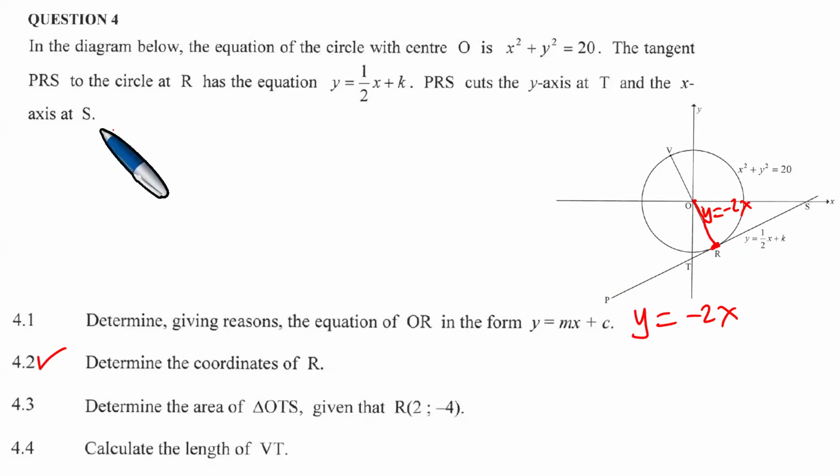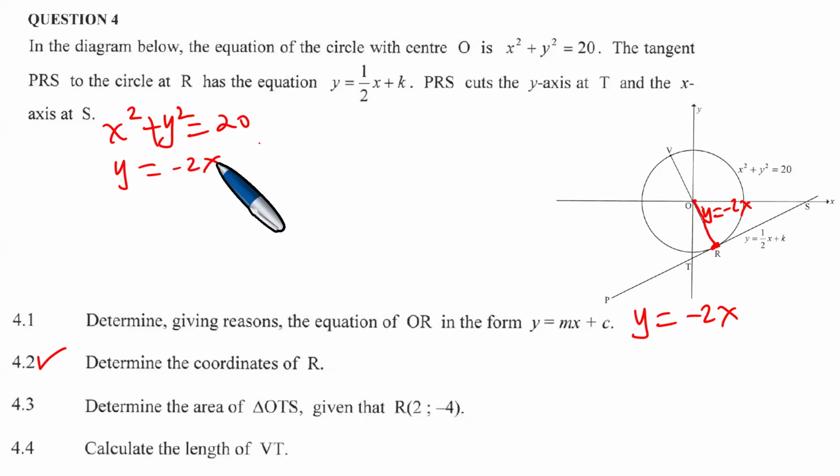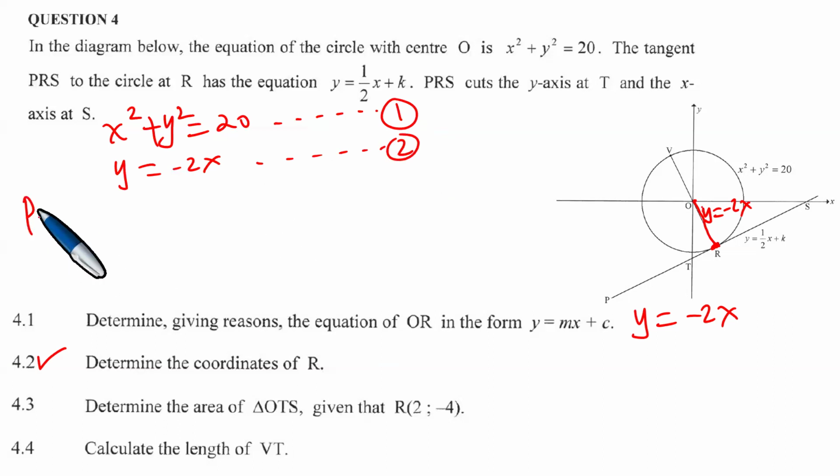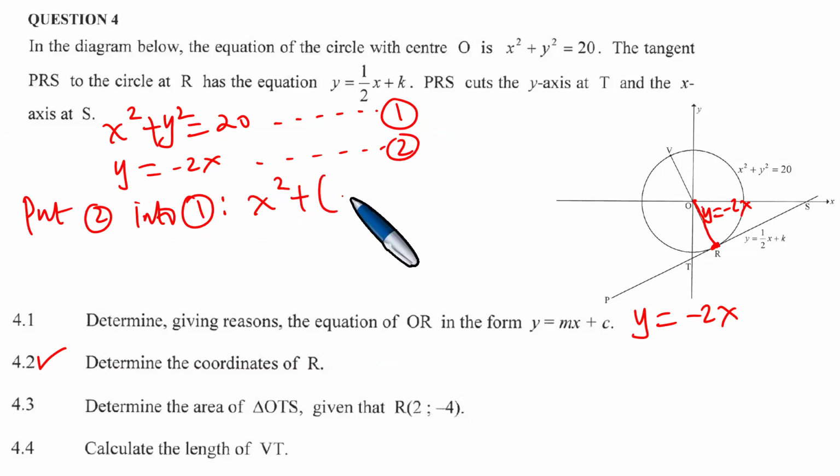You have x squared plus y squared is 20, but you also have y equals minus 2x. Put 2 into 1. Wherever there's y, you can put minus 2x. So you have x squared plus, the y is minus 2x.